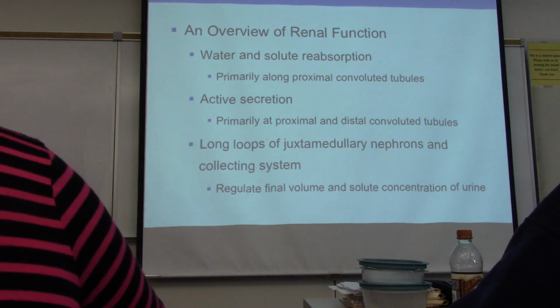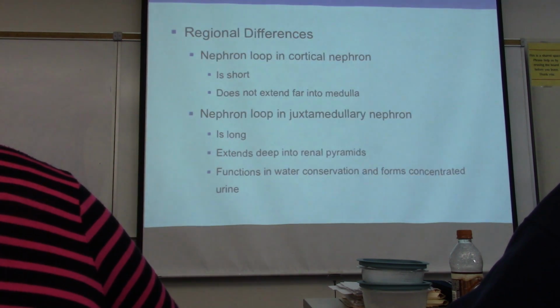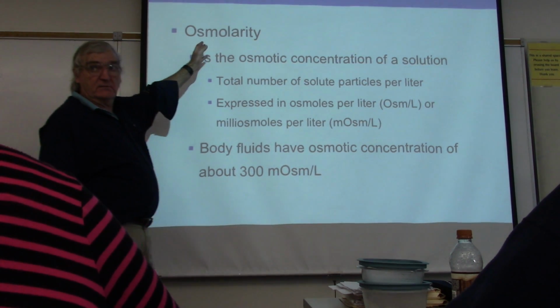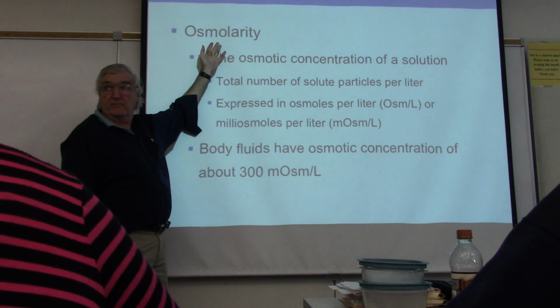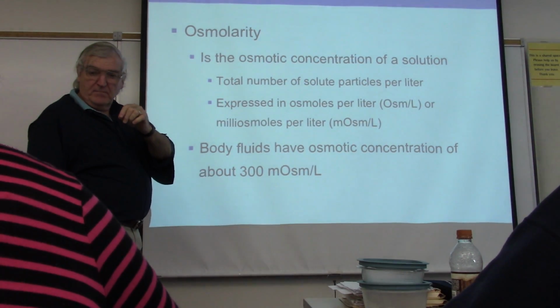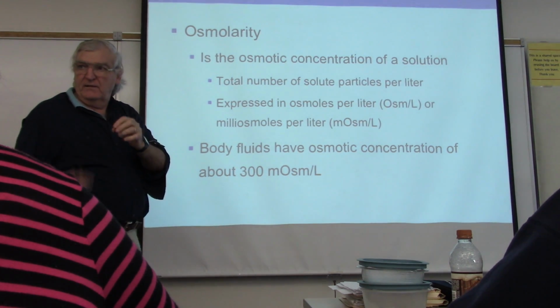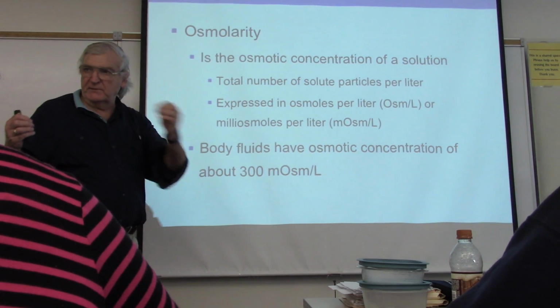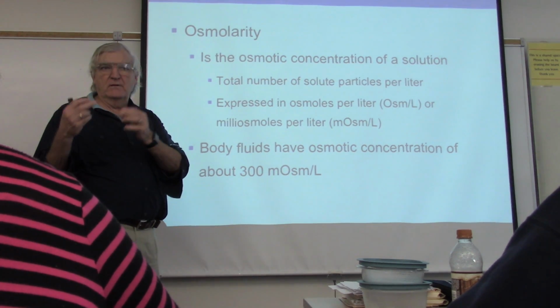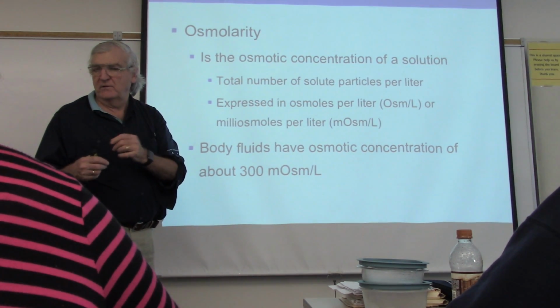I'm going to show you a little video over in lab about countercurrent multiplication, so I'm not going to do it here. I think you should have understood this back in 112, the concept of osmolarity. You remember that? Like when you drop a molecule of NaCl, it splits into Na and Cl, and that's 2 things that are now in solution.